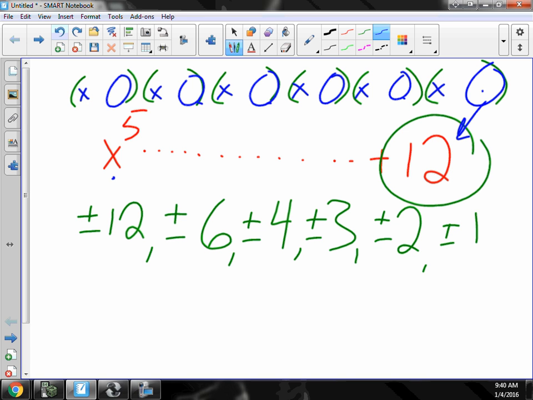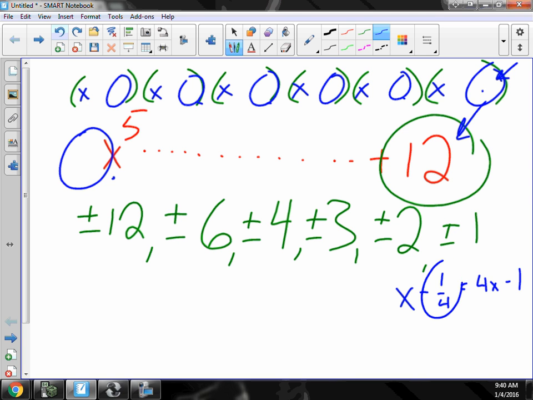Now, couldn't this be a fraction? It could be, but if that was a fraction, then this would end up not being 1. So the proof for the rational root theorem is more complicated than you might expect because of that fraction thing. But essentially, if you had x minus 1/4, that's the same thing as 4x minus 1.